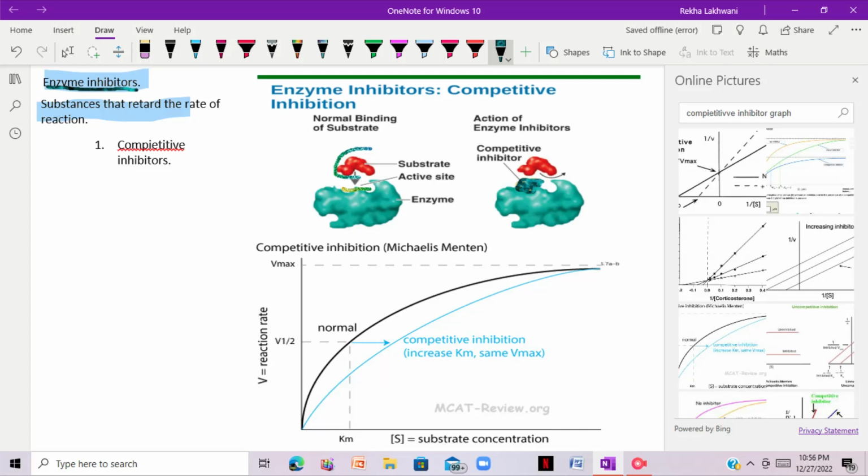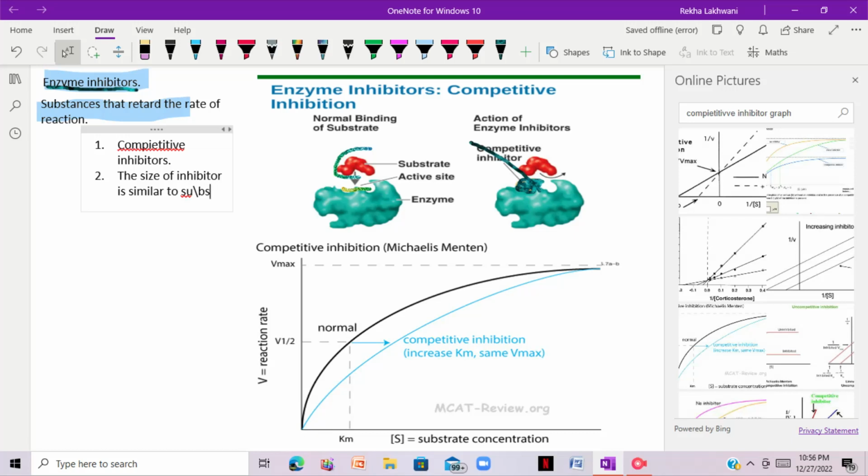Basically, what happens? The size of the inhibitor is similar to the substrate, right? So what happens?